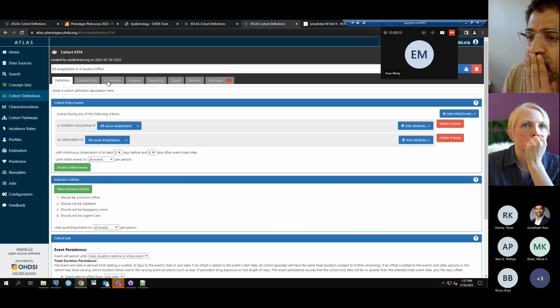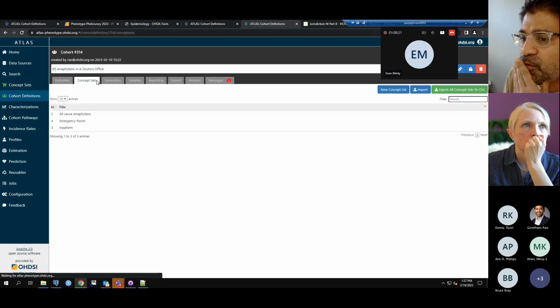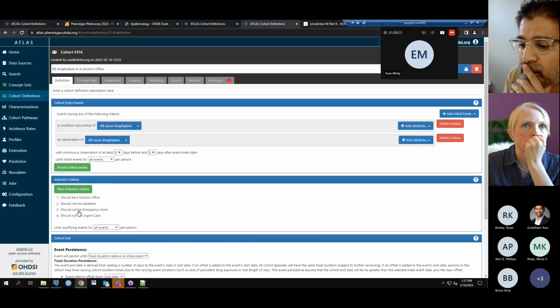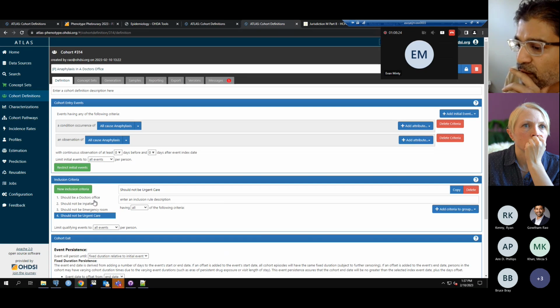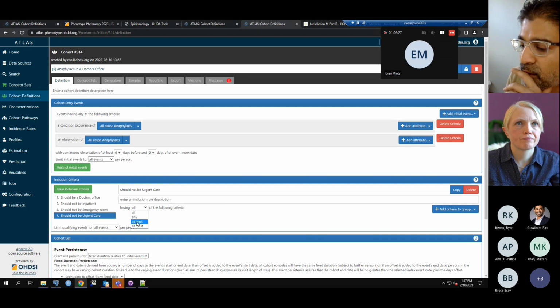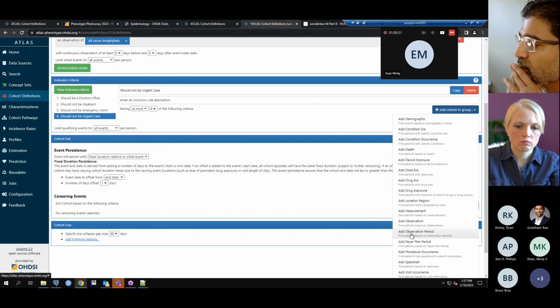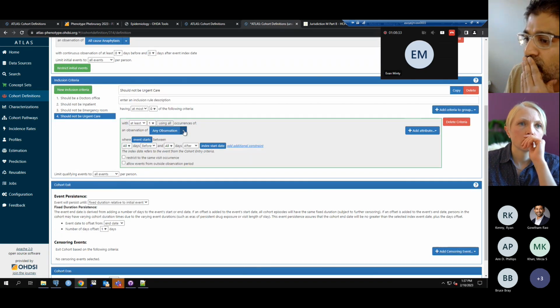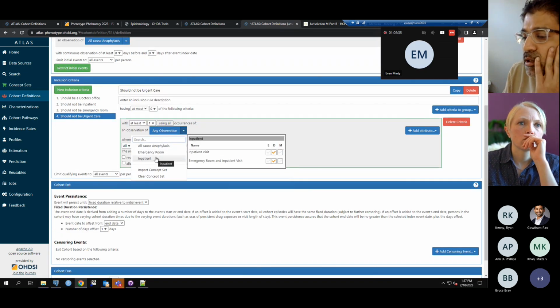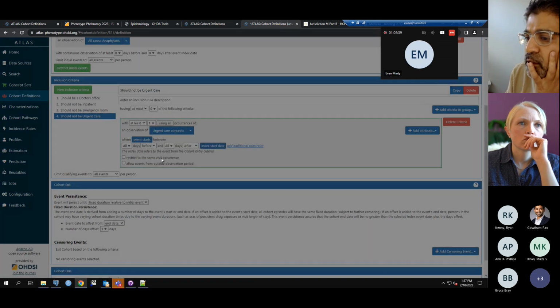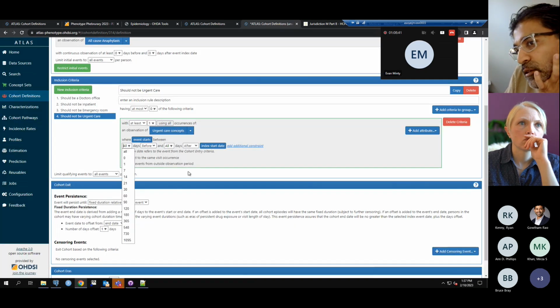Anaphylaxis in a doctor's office visit. So we have concept sets here. There should not be an urgent care, so we should have at most 0 occurrence of, so I'll say observation concepts, urgent care concepts.